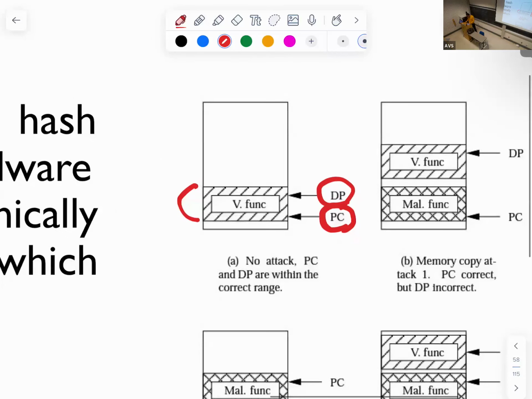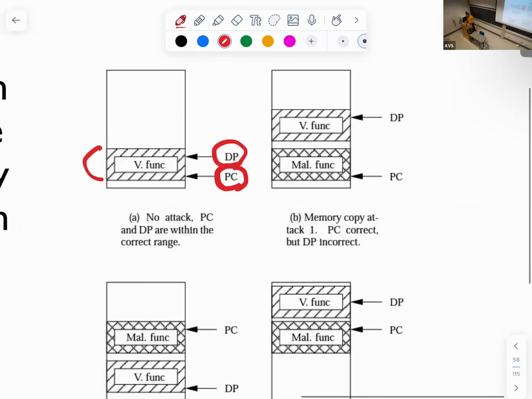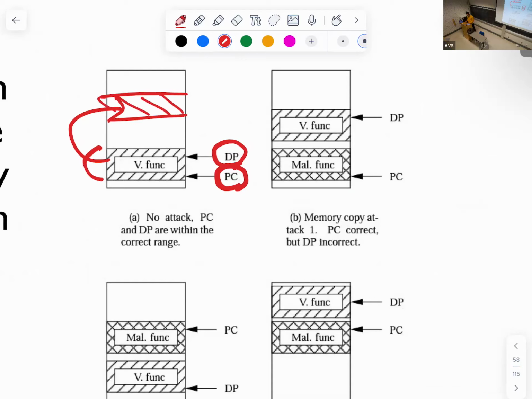But then there could be three different possibilities of attacks in the system. The first one is that, remember I told you that I can make a copy of this somewhere else. Let's say this part of memory is free. So I copy the verification code somewhere else, and then I change this verification code to what I call a malicious verification code. For example, the tricks that you mentioned, like forwarding it to somewhere else.